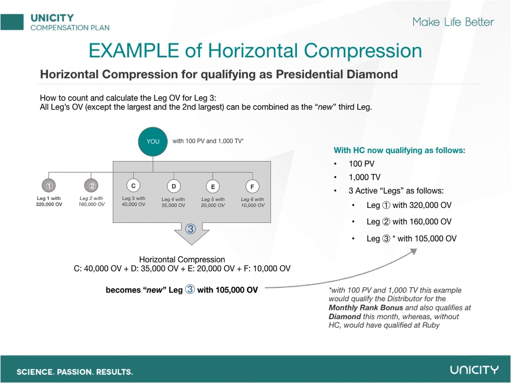Nothing to me demonstrates the power of the underlying principles and the hidden magic of the Unicity plan than the ADP, the additional distributor position, to allow you to be paid on an ongoing residual basis 2 times 5% or 10%, unheard of in the industry, and horizontal compression, allowing, shall we say, in quotation marks, extra legs you happen to have built over time to assist you in qualifying for the next rank or 2 or 3.